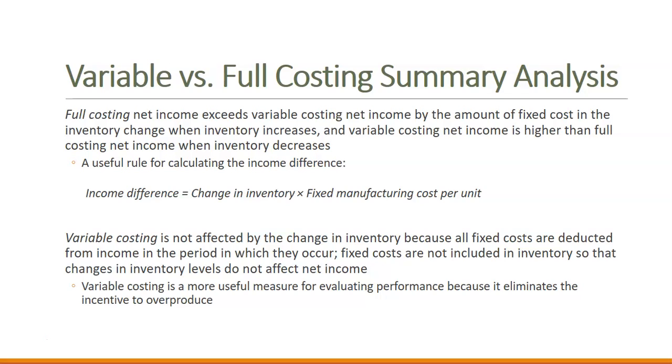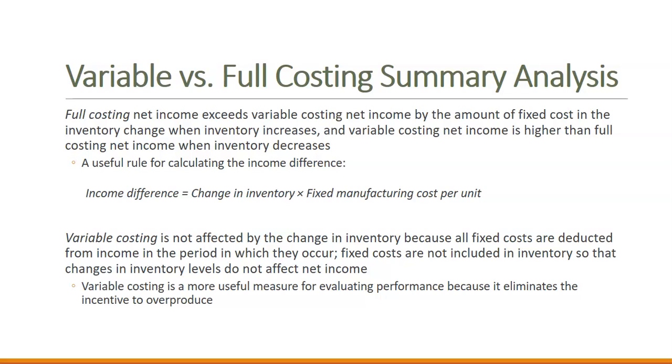So we see the full costing net income exceeds variable costing by the amount of fixed costs in our inventory change. When inventory decreases, our variable costing net income is higher than full costing net income. Okay?